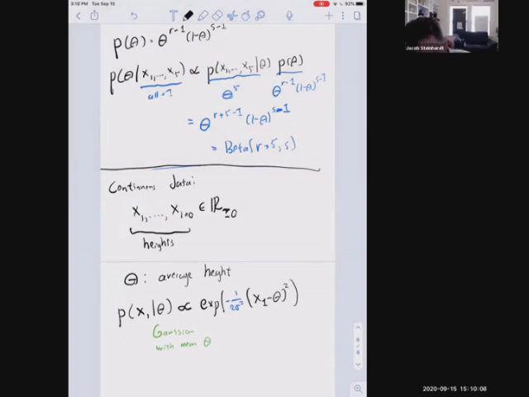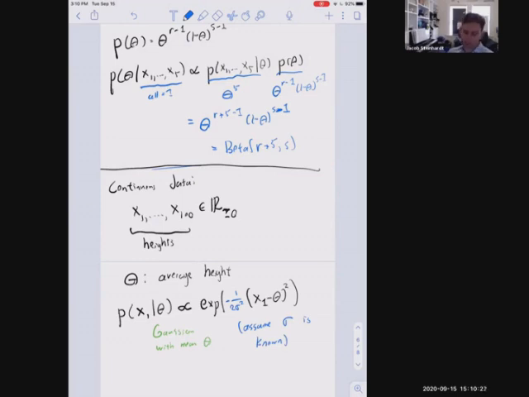And for now, let's just suppose sigma is somehow magically known. But in practice, sigma and theta would both be unknown things that we would need to estimate.